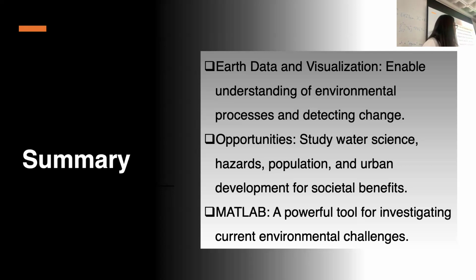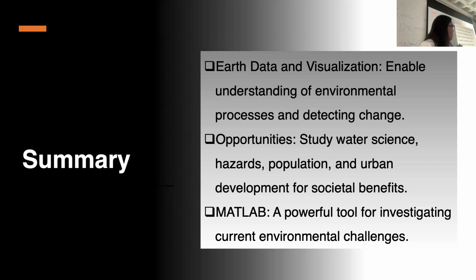And also the Earth data set gives us an opportunity not only to look at what's happening with water, but also what is going on right now, and we can project that to the future and plan based on that.